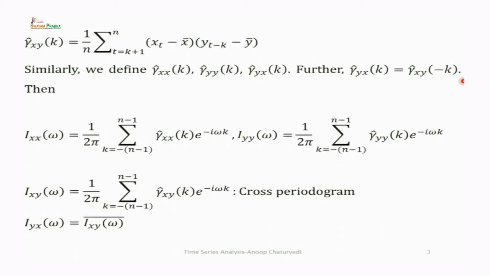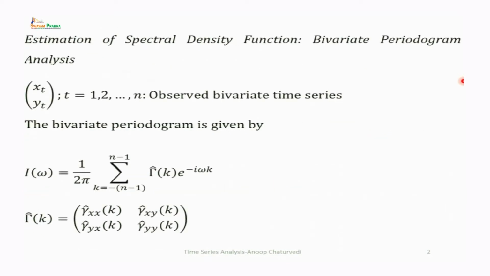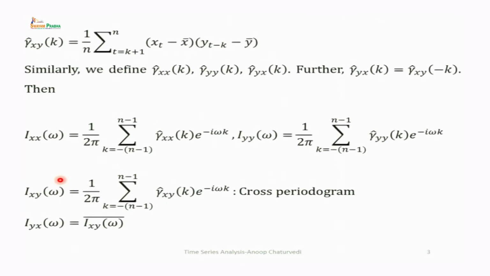Then the 1,1 element of this I omega gives you the periodogram for time series x t.